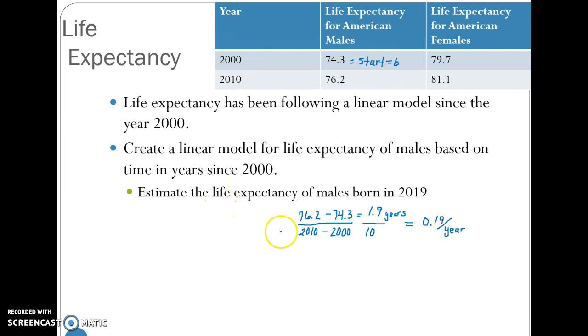Now, when I'm doing this, I'm actually using a slope formula. So I'm going to work back this way. So we use the letter m for slope. And we know that m is the change in y divided by the change in x, or we might know that as the rise over the run.